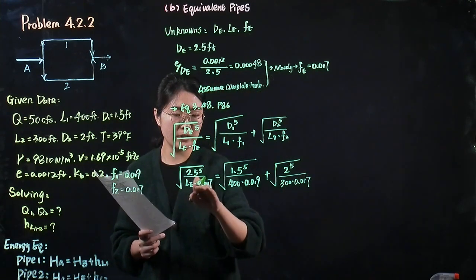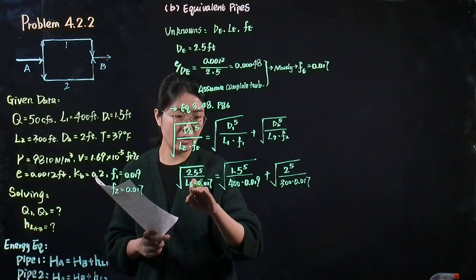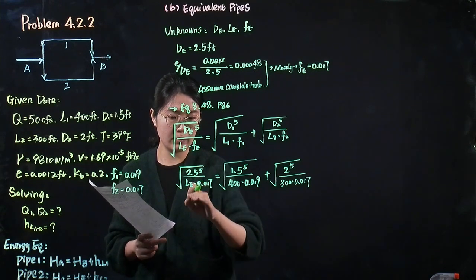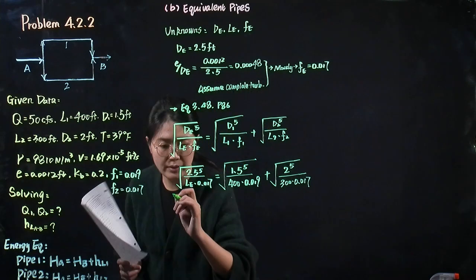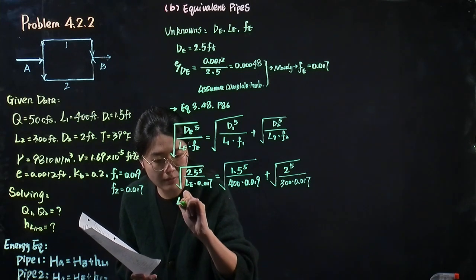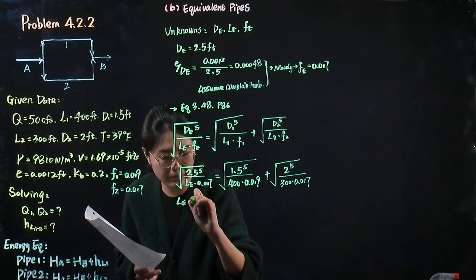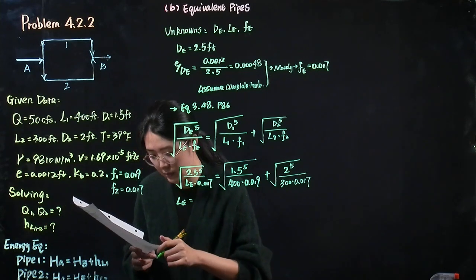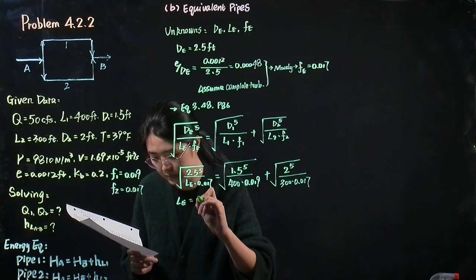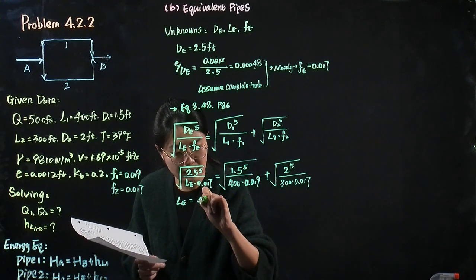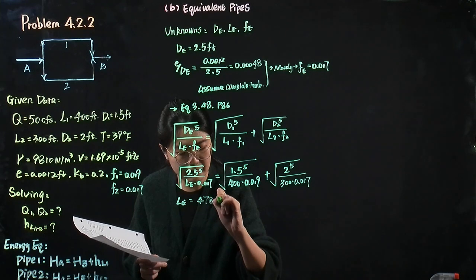In this equation, we only do not know the equivalent length. After solving this equation, we can get the equivalent length. It equals to 478 feet.